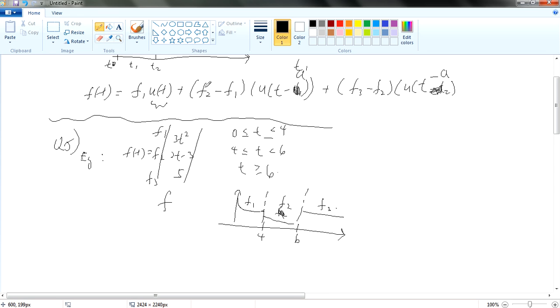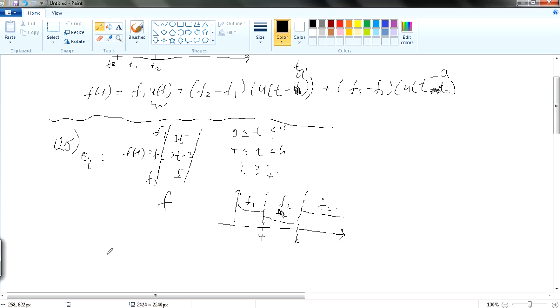Similarly, we take note in terms of this form. The question asks you to transform this whole thing into Laplace, and then transform it back to t. Later you'll know what I mean.